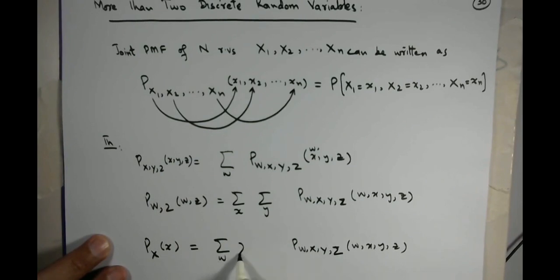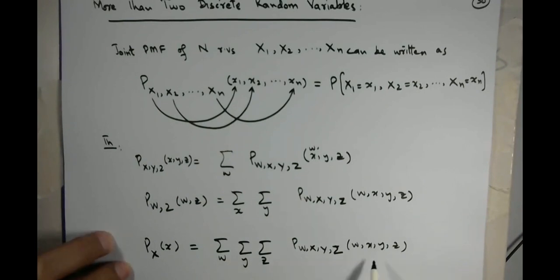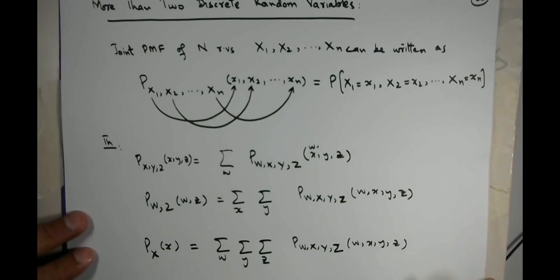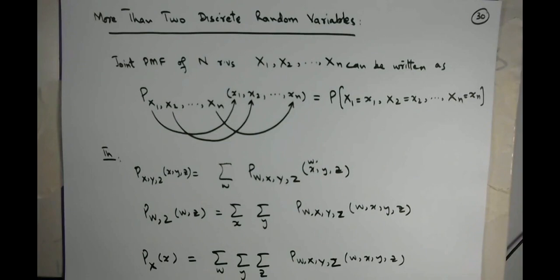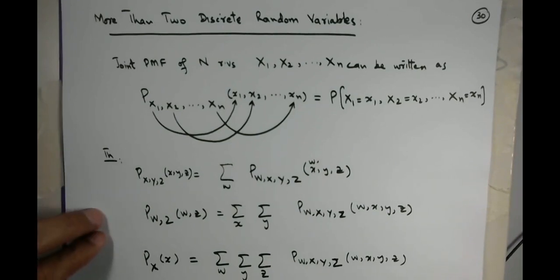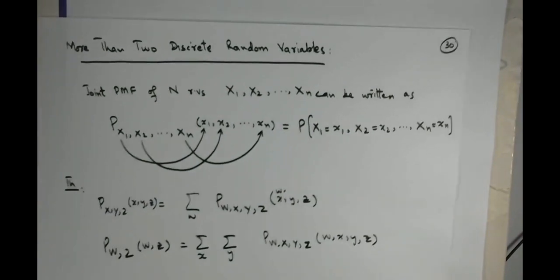So summation on w, summation on y and summation on z applied on this giant distribution will give you the marginal distribution. So you see the formulas for two-dimensional distribution are easily generalized to more than two random variables, even 3, 4, 5 and so on.